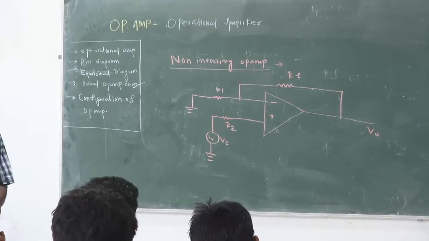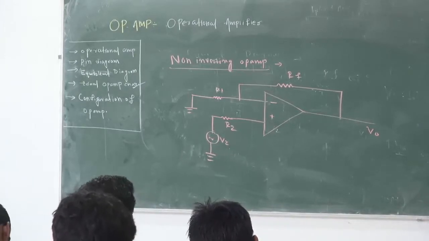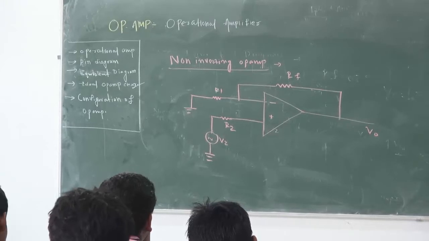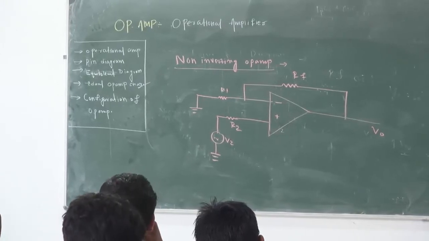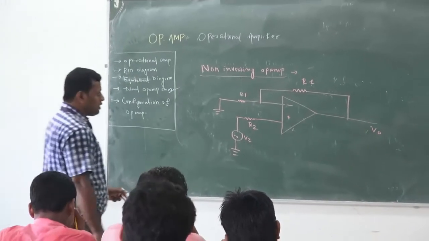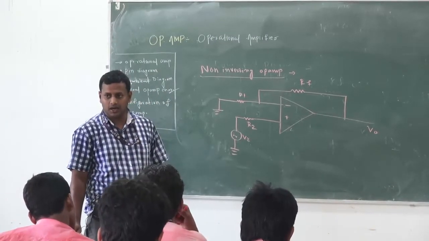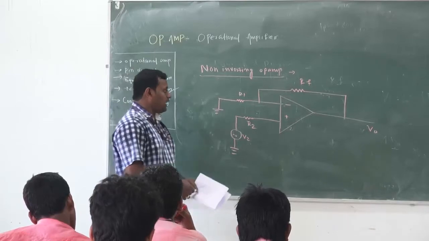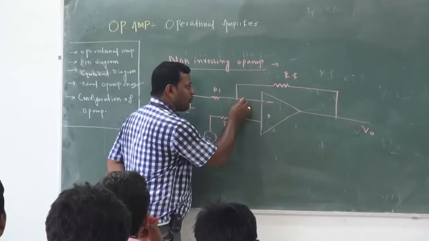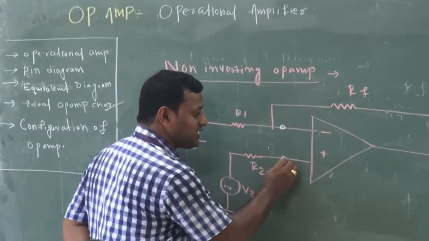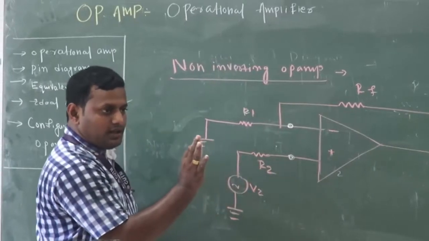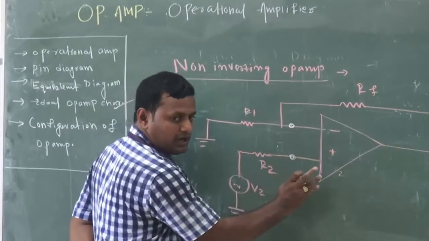Any idea how to solve it? Again, the same fundamental concept we can apply. The op-amp is a device which does not take any current. Just before the op-amp, this is a terminal and this is a terminal. So no current will flow here.